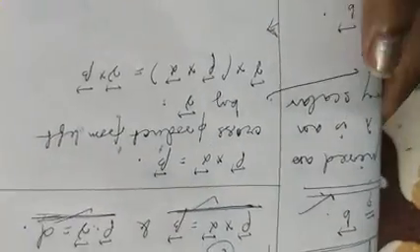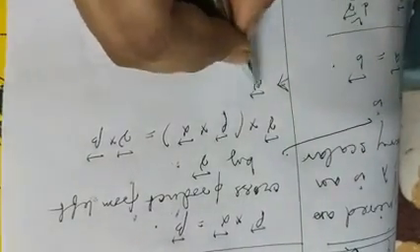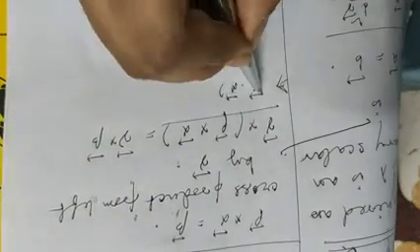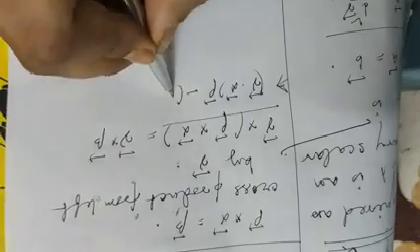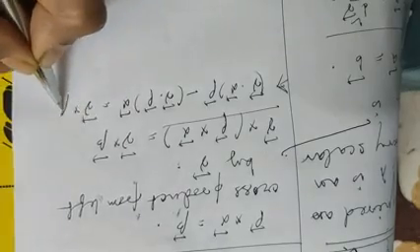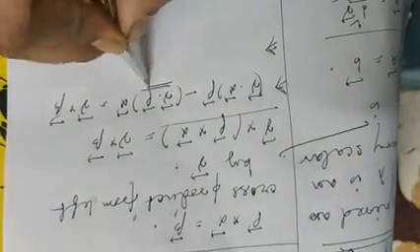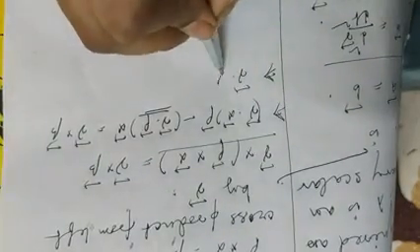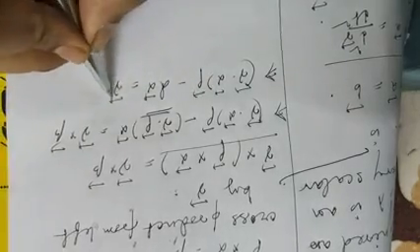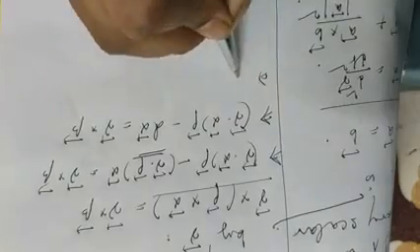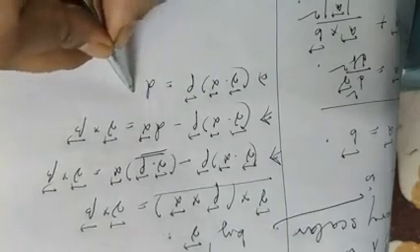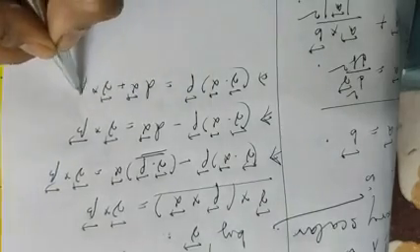Applying the rule of vector triple product, it becomes gamma dot alpha times rho minus gamma dot rho times alpha equals gamma cross beta. Now in this part we can put D, so it will be minus D alpha equals gamma cross beta. So this equals D alpha plus gamma cross beta.